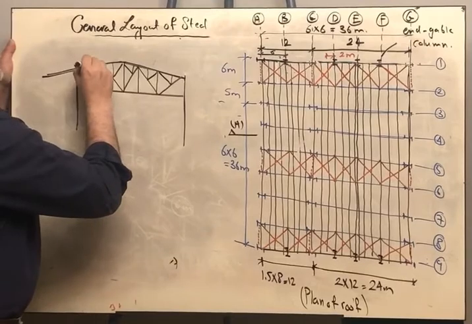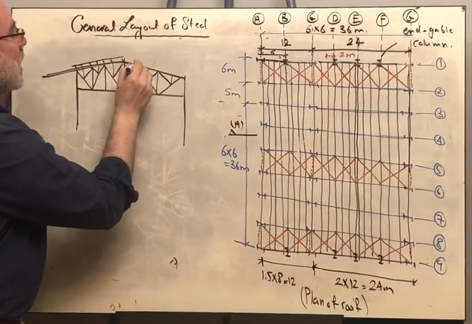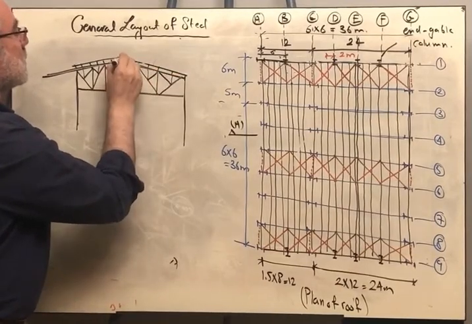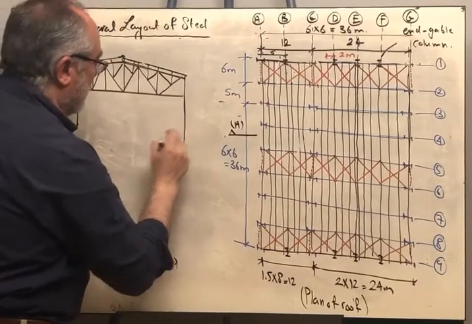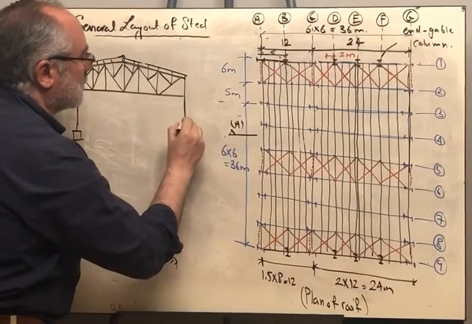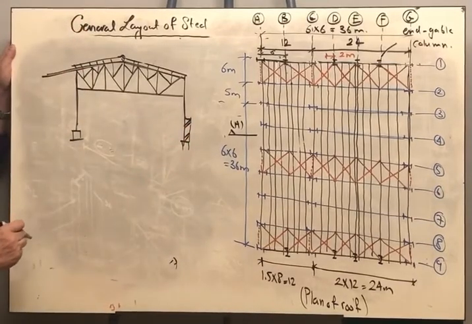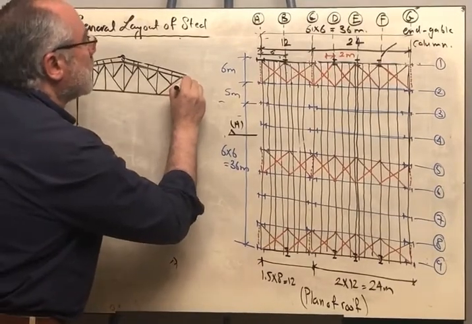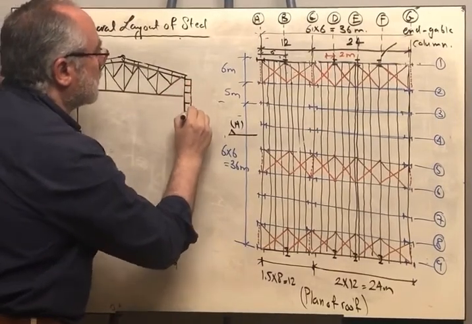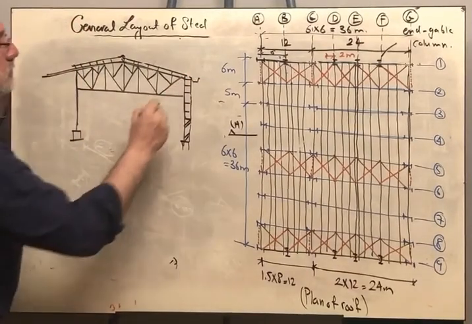And we said here that we are having purlins every 2 meters. And here we are having purlins every 2 meters. And here we are having the brick wall or the masonry wall, and here we are having the side purlins and then the rain gutter. Okay?